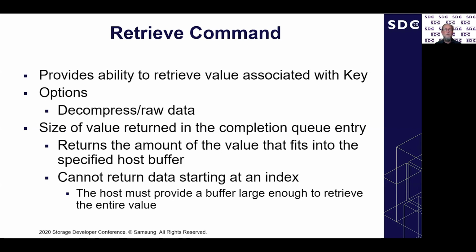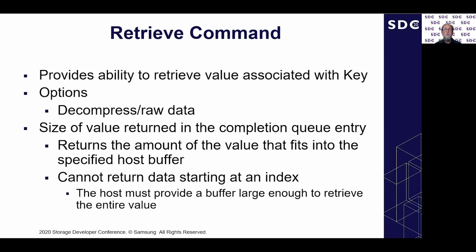One of them is if you know that the data was compressed before being stored using some algorithm that is different than the compression algorithm on the device, then you don't want to decompress it using the wrong algorithm.